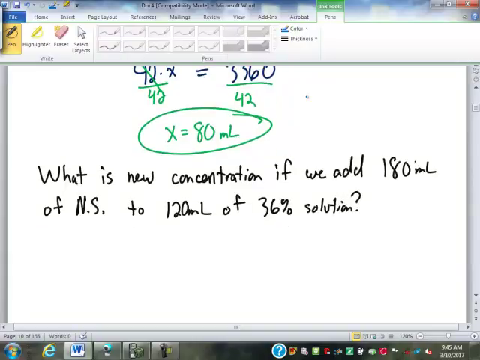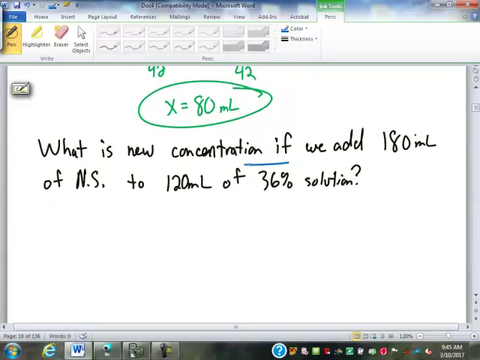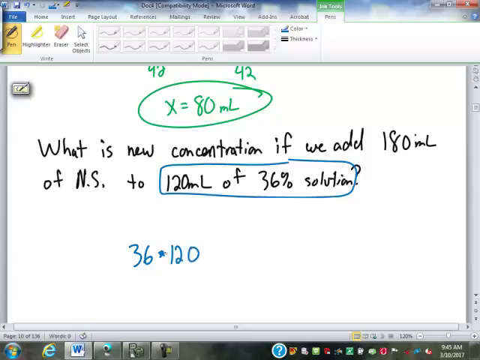So we started with the 36% solution. So that's 36 times the 120 milliliters.